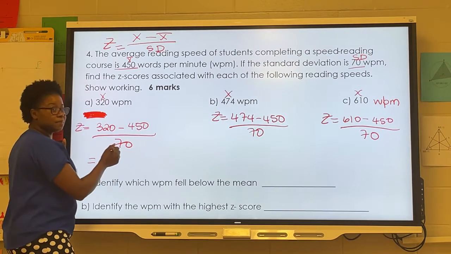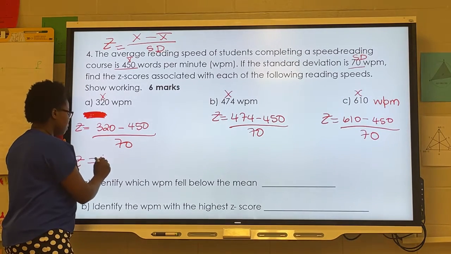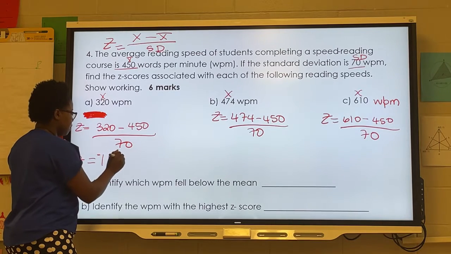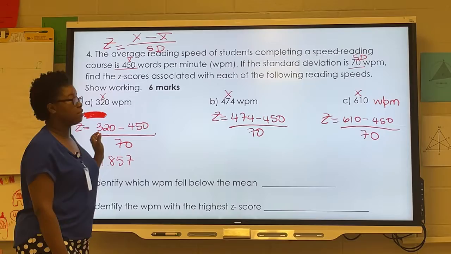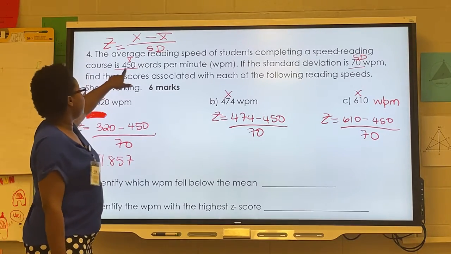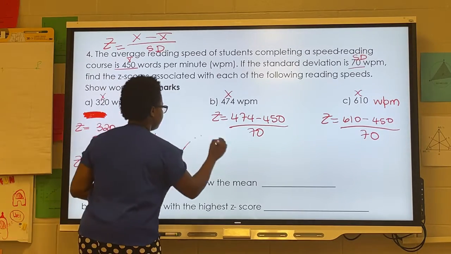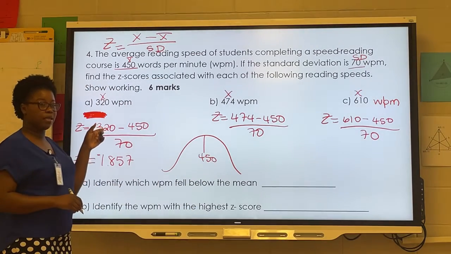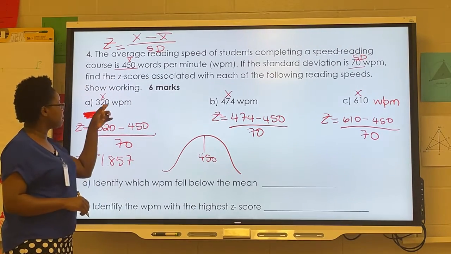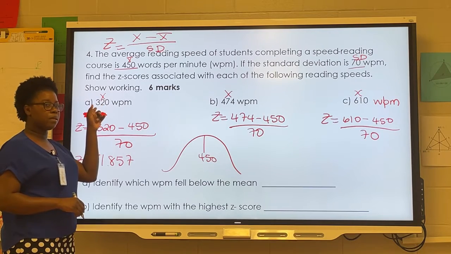So what's the answer you got? -1.857. Okay, let me explain this to you. I'm going to give you a diagram. Because your mean is 450 and this number, your data value, is 320, this person performed below the mean.